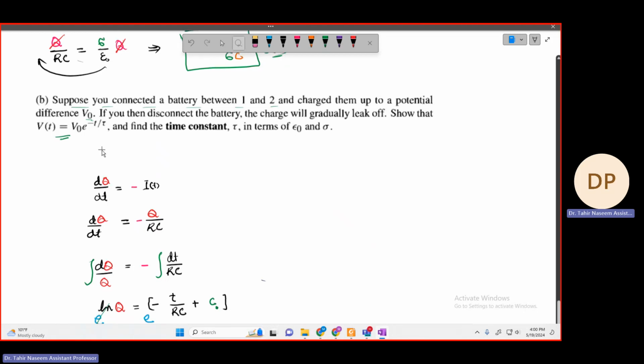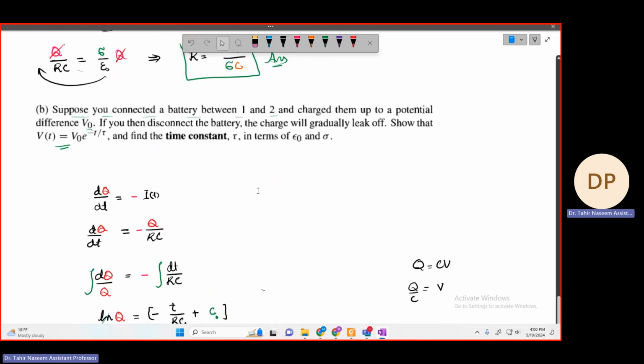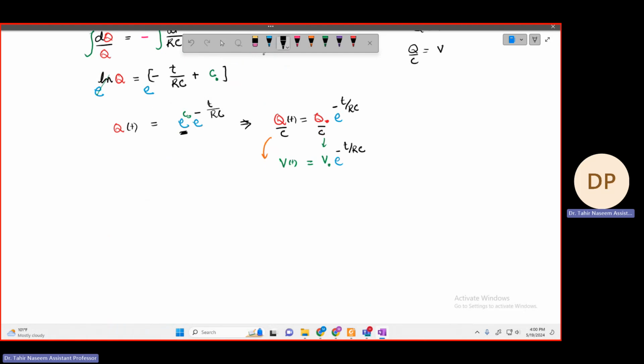So the question is that we had to find V. This is Q, so we can find it from Q is equal to CV, and I have to find V, so V is equal to Q by C. So I divide both sides by the capacitance and this becomes the potential. So this will become V of t is equal to V naught, some initial charge, exponential of minus t over RC. Is this the thing we want? Yes, minus t over RC, and RC is the time constant which can be written like tau.